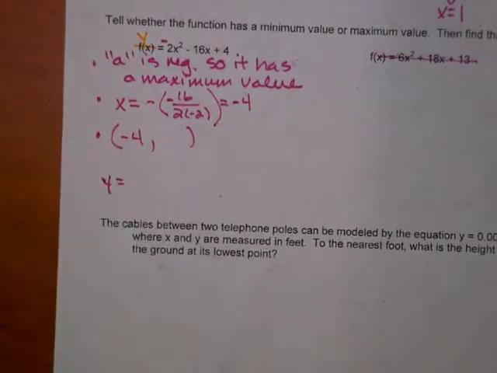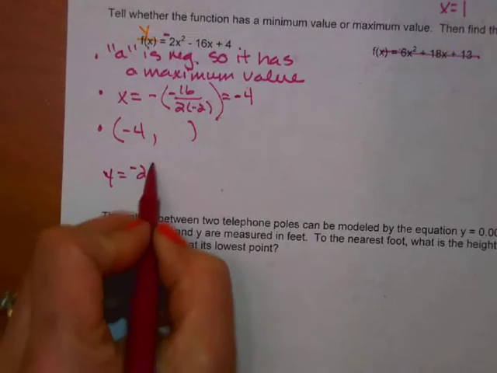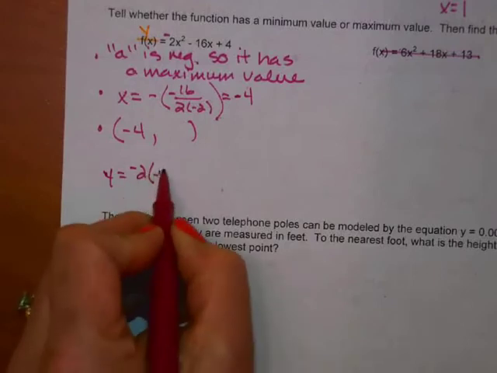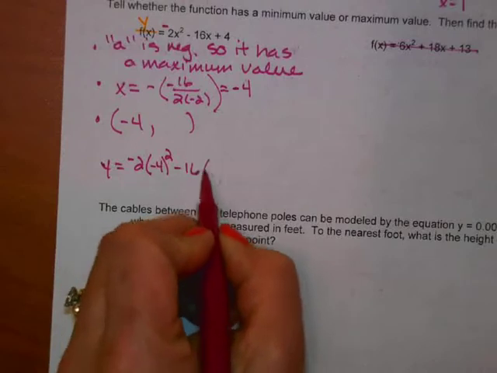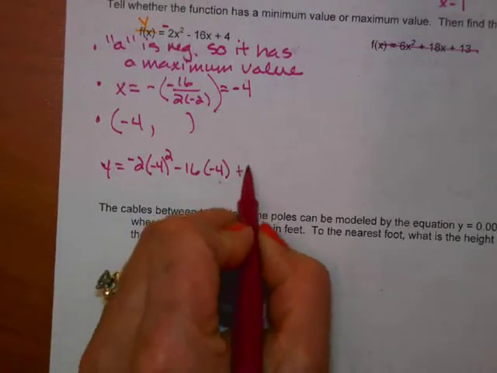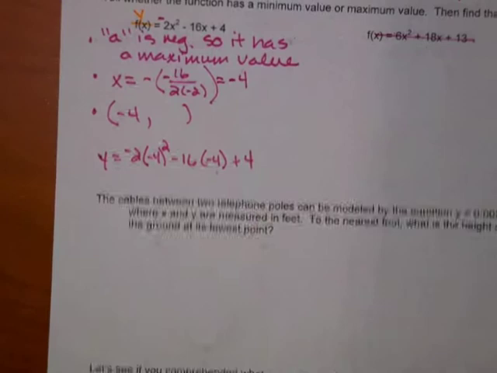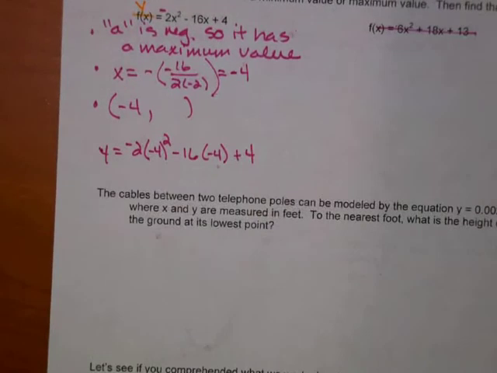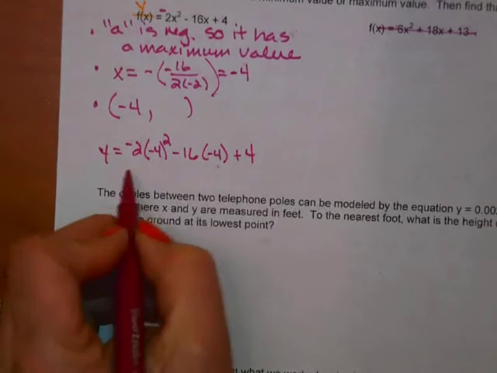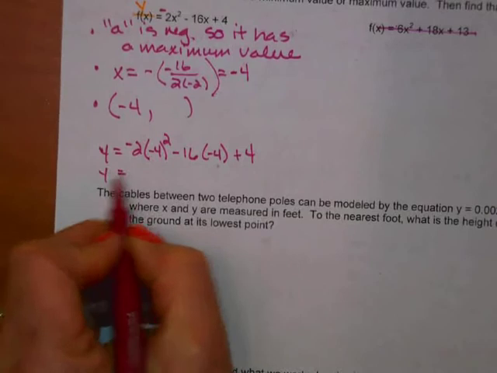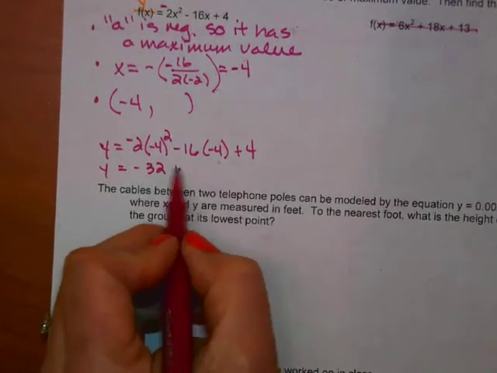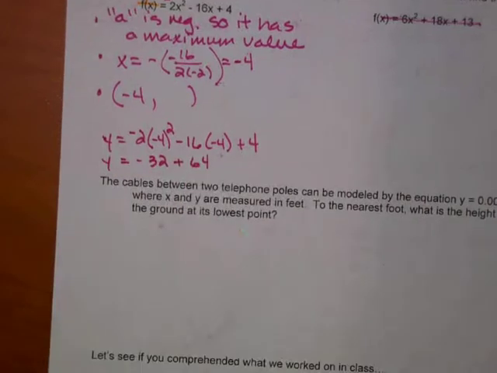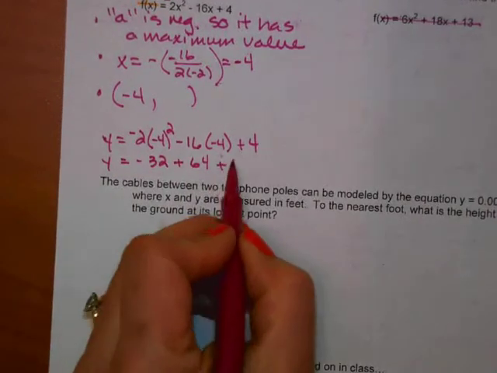Y equals negative 2 times negative 4 squared minus 16 times negative 4 plus 4. Take it piece by piece. This would be negative 32 plus 64 plus 4.